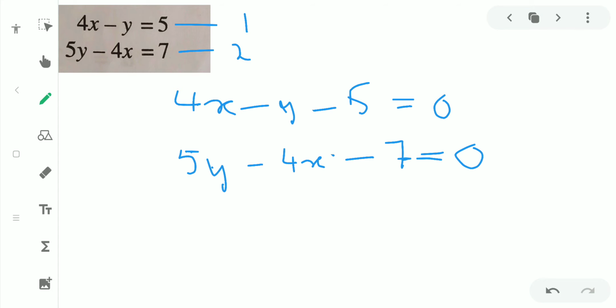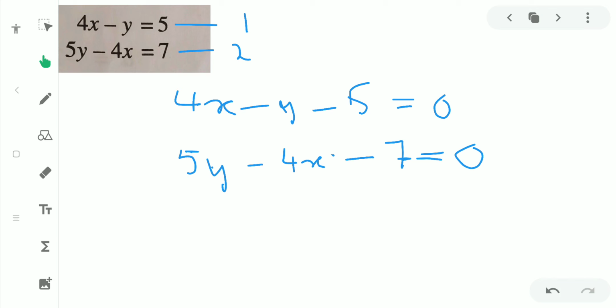Okay, now you can see that the x terms are not under x terms, and y is not under y terms.